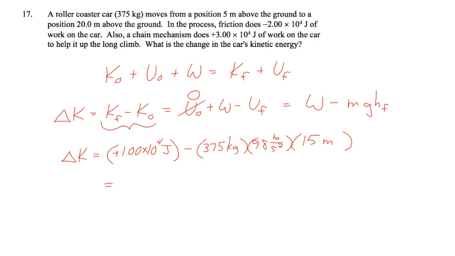If my change in kinetic energy is positive, then I know the speed increased in this problem. If my answer comes out to be negative, then I know the speed decreased. So what was the answer for this one? Negative 4.51 times 10 to the 4 joules. And that really makes sense to me.